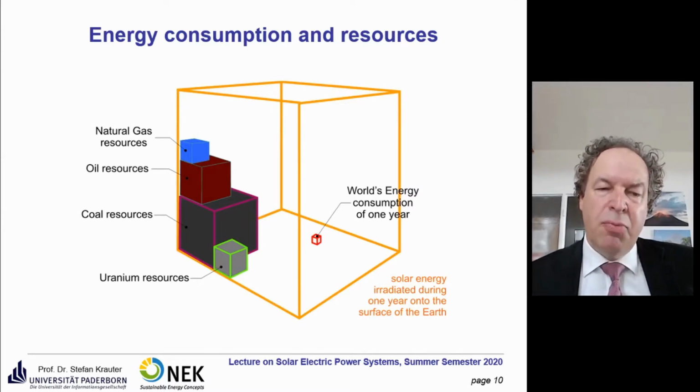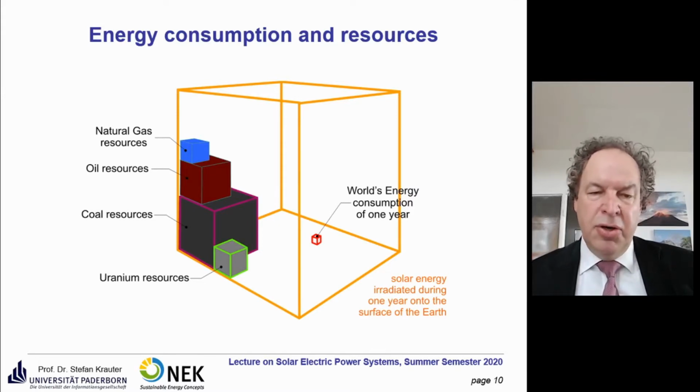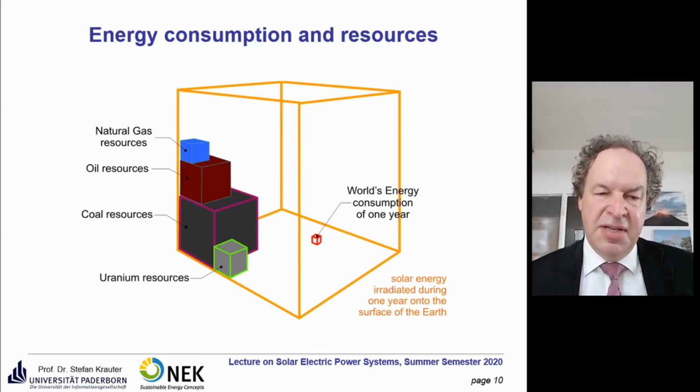And so it's much more than all known resources, about 14,000 times more than the world's energy consumption we have today. So it's an enormous resource, so we have to use only a very small amount of that, exactly 1 in 15,000 or 14,000 of that amount, if we would have a conversion device with 100% conversion efficiency.